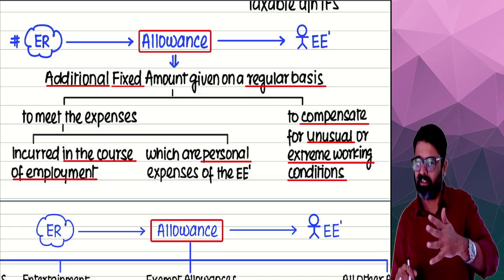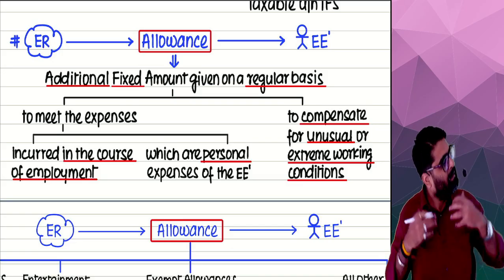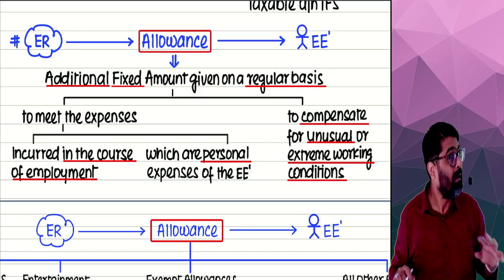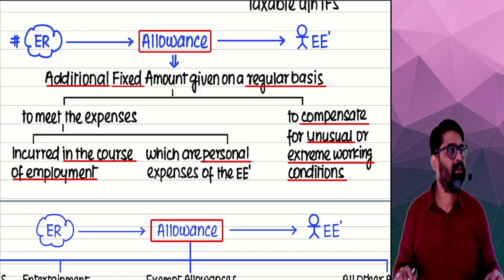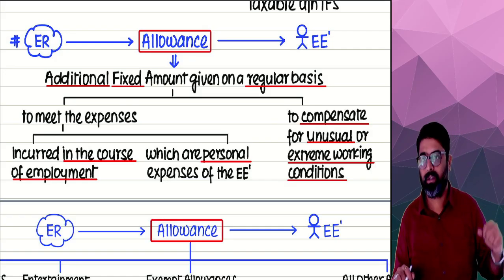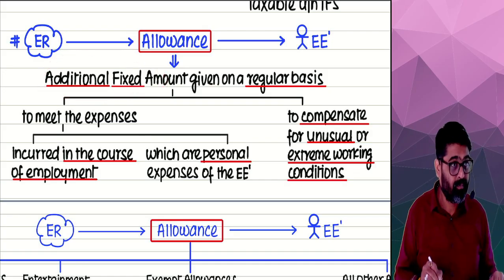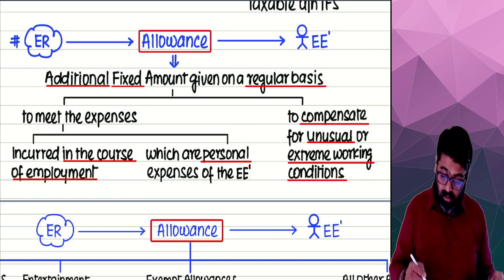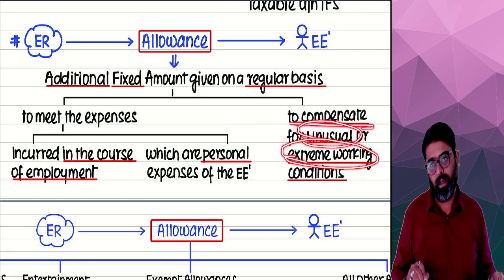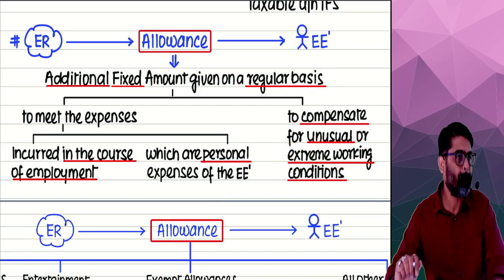Even if the conditions are unusual, I will manage. I'm getting 10,000 rupees extra. It will give you motivation. So it can be an amount which is given as compensation for unusual or extreme working conditions.